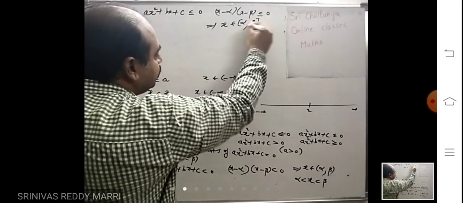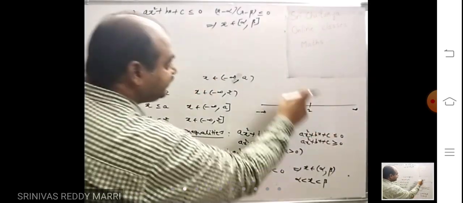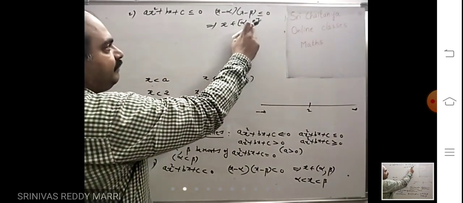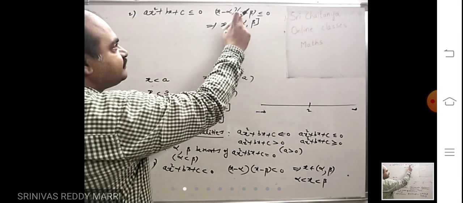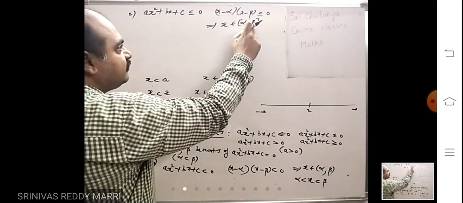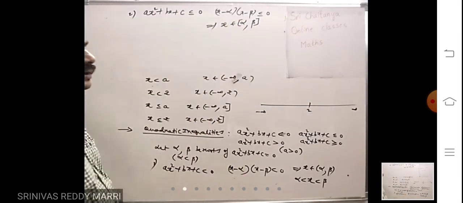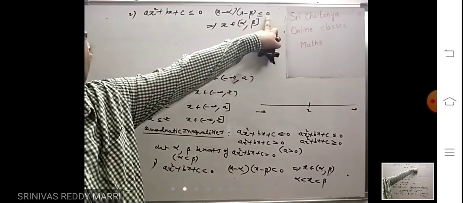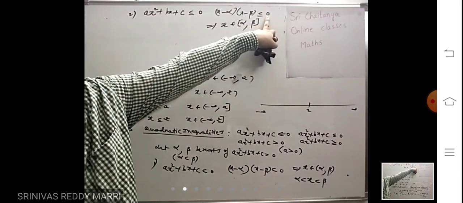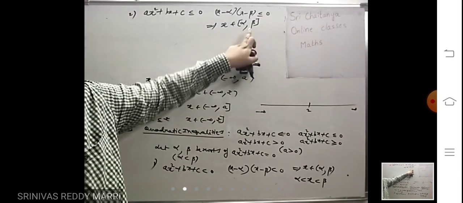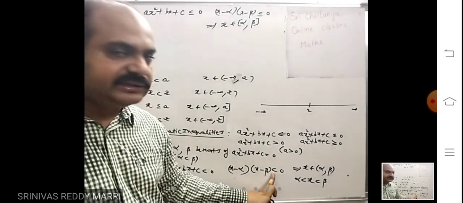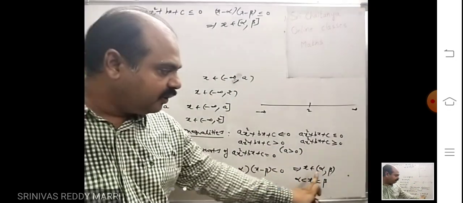Closed bracket. You get the same interval, but here with a closed bracket, because x equal to alpha means this will become 0, and x equal to beta means this will become 0. Equal to 0 is also there. That's why if equal to 0 is there, always closed bracket. If equal to 0 is not there, open bracket.